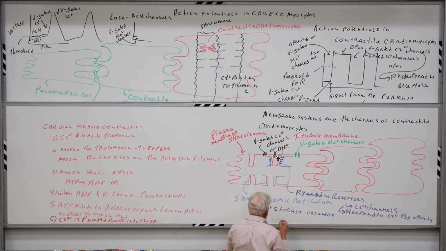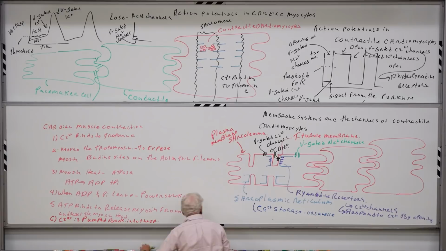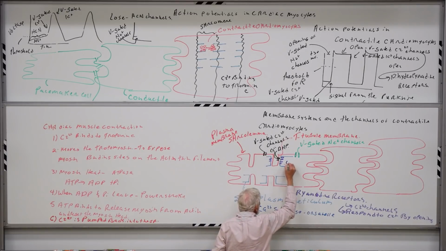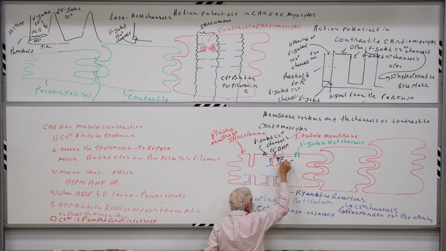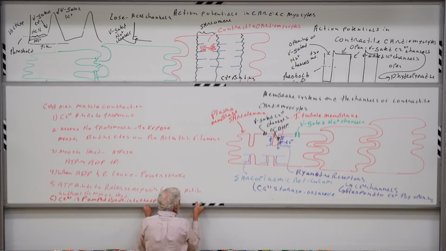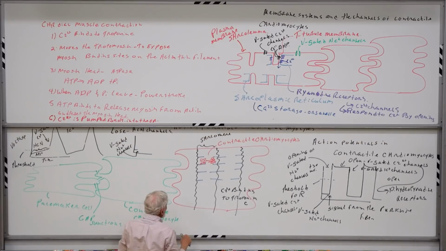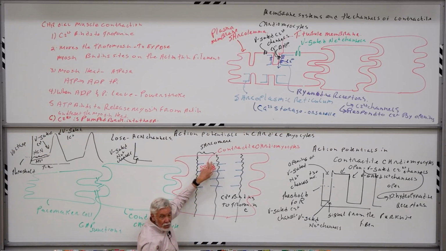So now the calcium, which has been stored in the sarcoplasmic reticulum, is free to come out. The calcium comes out, binds to the troponin C on the thin filaments, moves the tropomyosin.